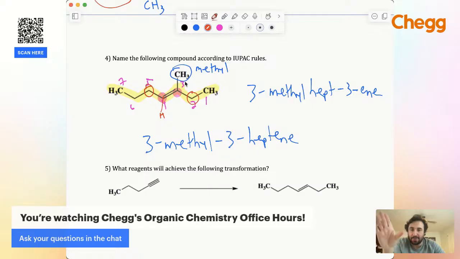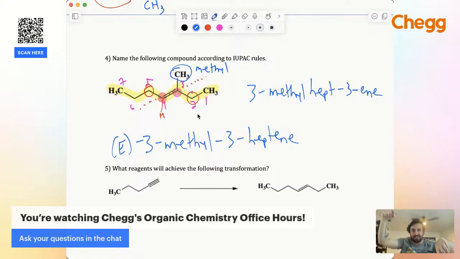So we have to see what each carbon is attached to. This carbon is attached to hydrogen, hydrogen, hydrogen. This carbon is attached to hydrogen, hydrogen, carbon. Carbon beats hydrogen, so this direction wins. Now, you think of a line going through the pi bond, and if the two higher priority groups are on opposite sides, then it's E. So here, this is the higher priority group, and this is the higher priority group.